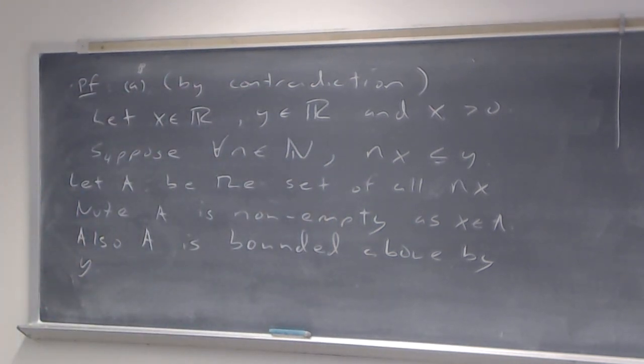So all the natural numbers times x are going to be less than or equal to y.